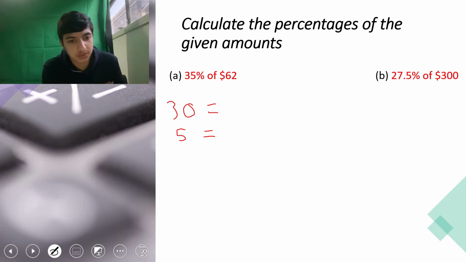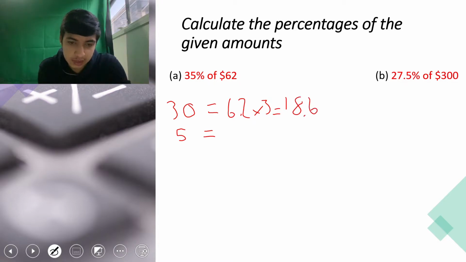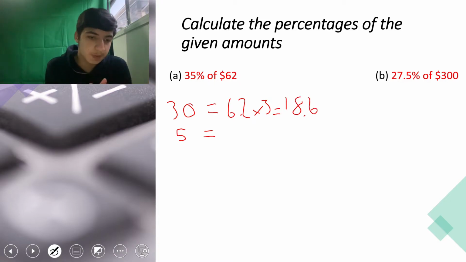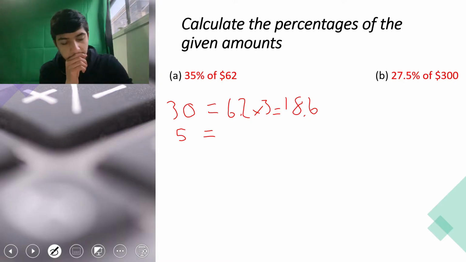So 6.2 times 3, because 10 times 3 is the same thing. 6.2 times 3 equals 18.6. Okay, same thing with 5. I'm going to have it as a simpler way. For 5, I make it as a 1 in the ones digit. So 1% of 62 would be 0.62.